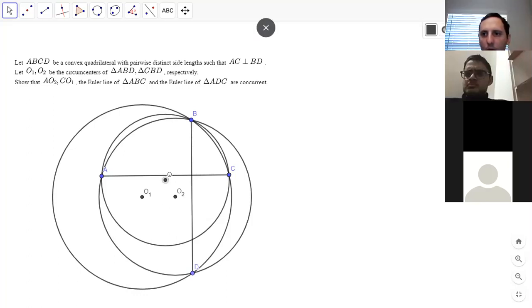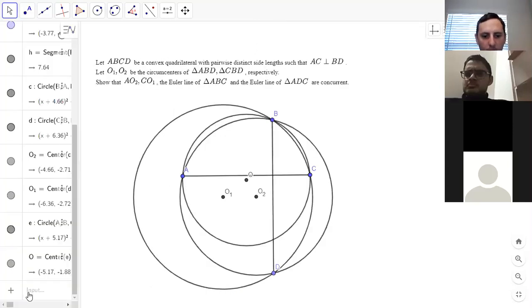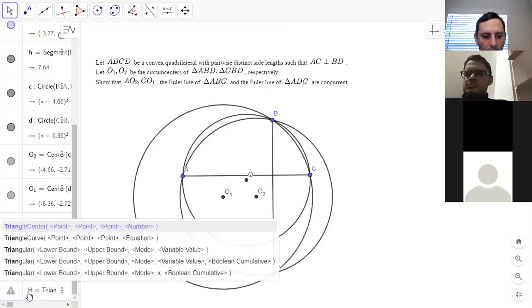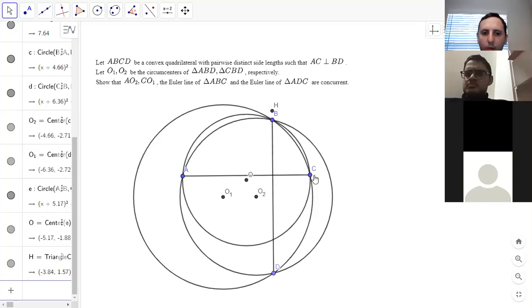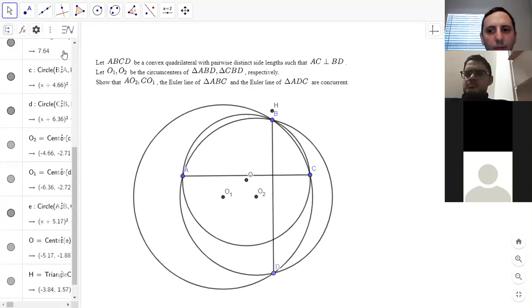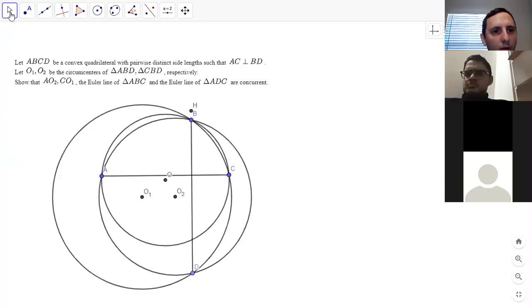So all we have to do is show that AO2, CO1, and OH are concurrent, and then the same argument would hold for triangle ADC.